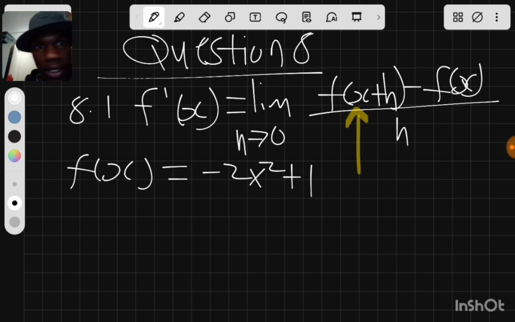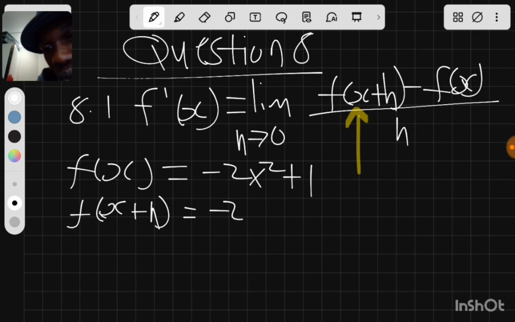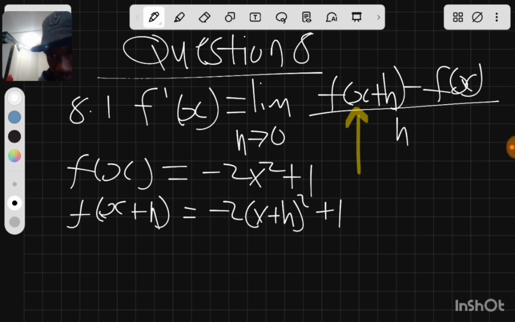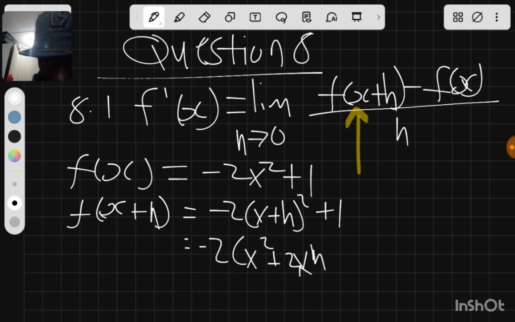Okay, we can see that they have affected x by adding h, which means f of x plus h is equal to minus 2 into x plus h squared plus 1. We can expand this right now, which means we're going to have minus 2 into x squared plus 2xh plus h squared plus 1.